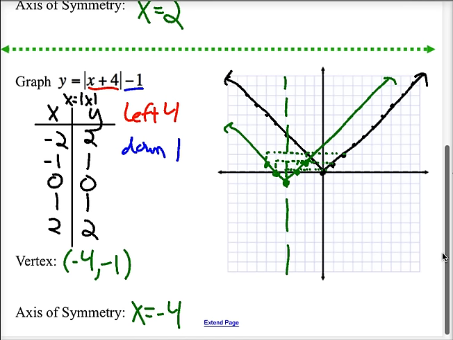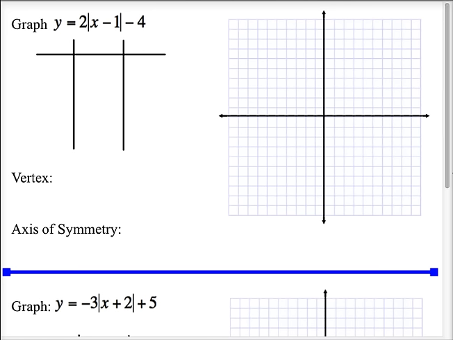So that's the basics of this graphing. In terms of translations, well, more than just translations can happen. So what if I gave you something like this? So we start with our basics still, with x and absolute value of x. But now we have that stretch, right?